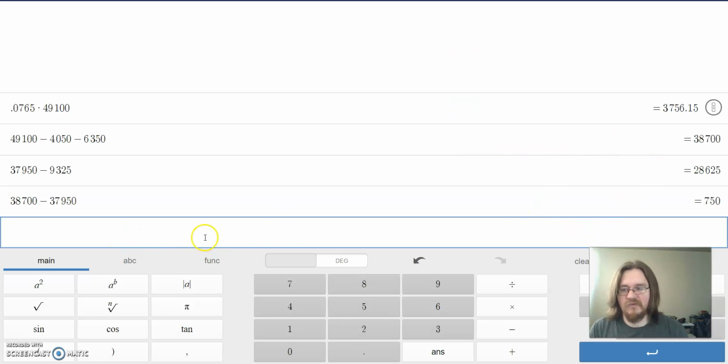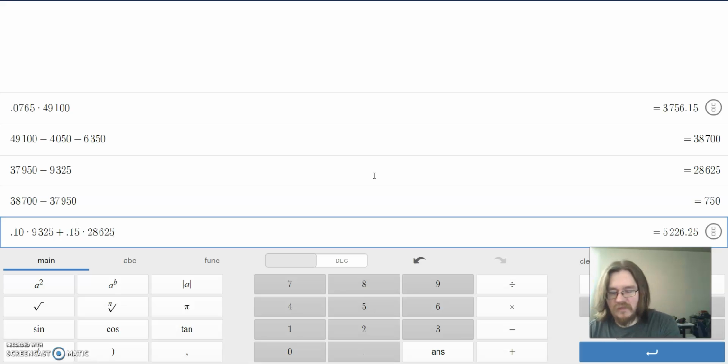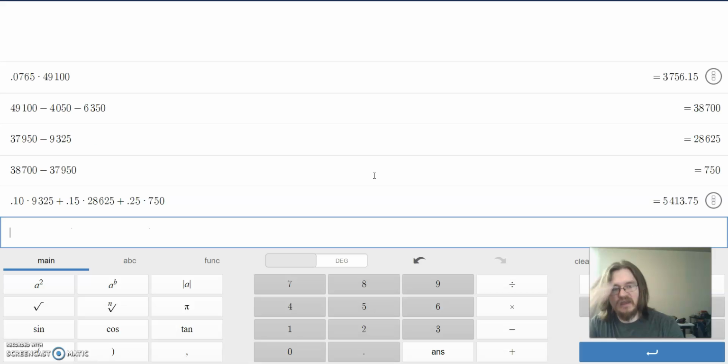Luckily, we have most of those numbers up on the screen, so I'll take 0.10 times 9,325 plus 15% of the next one, which is going to be the 28,625 plus 25% of 750.